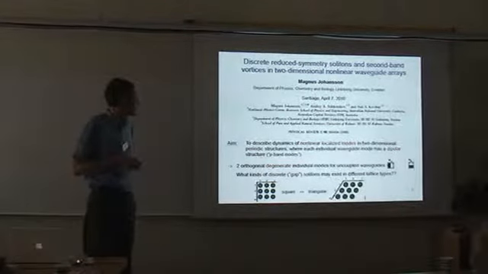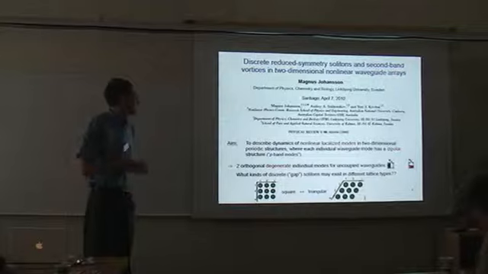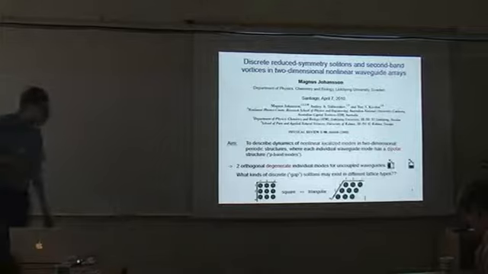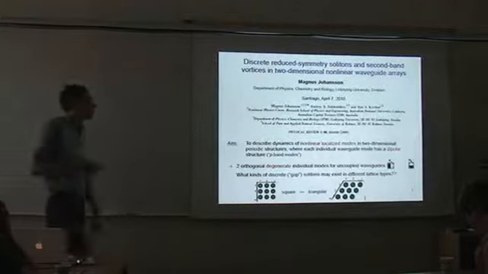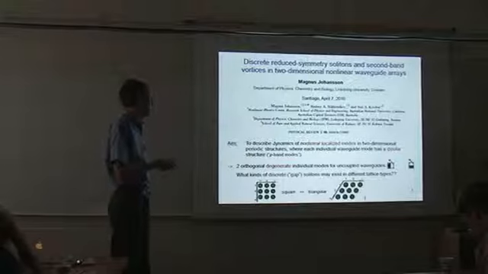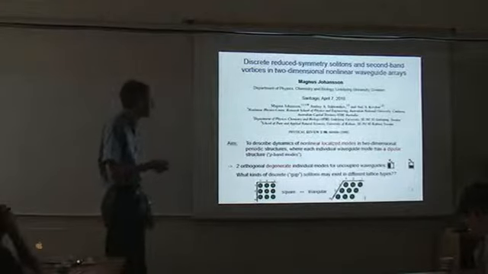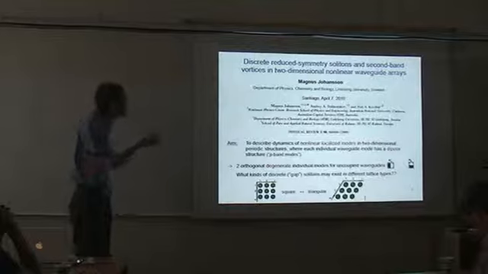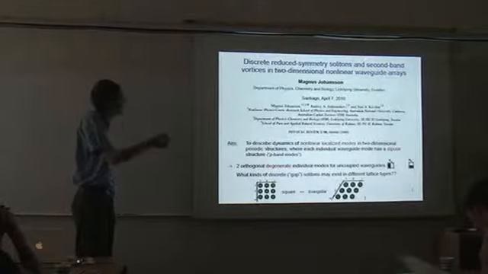What I'm going to talk about here is essentially some applications of nonlinear dynamical methods and ideas, and how we can use these ideas to describe particular kinds of nonlinear localized modes in two-dimensional periodic structures. The terms here, discrete reduced symmetry solitons and second band vortices, I will explain soon.